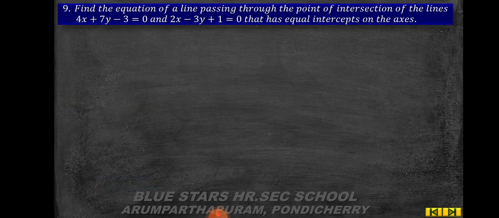Problem number 9. Find the equation of a line passing through the point of intersection of the lines 4x + 7y - 3 = 0 and 2x - 3y + 1 = 0 that has equal intercepts on the axes.